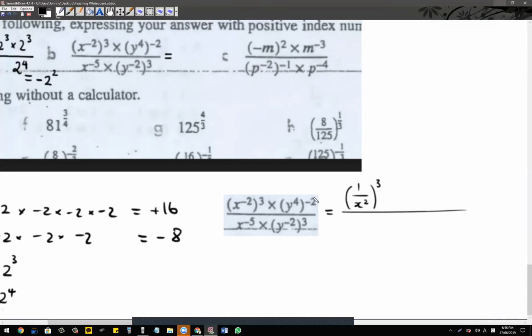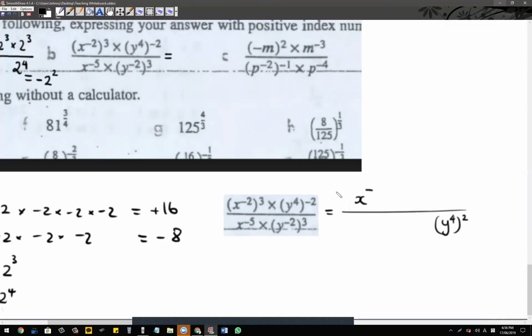But because its negative index is on the outside, this one can simply migrate to the bottom like this, but not this one here. Okay, so I hope that's clear. Maybe it's getting a bit too complicated, but you definitely need to understand all of this that I'm explaining here.